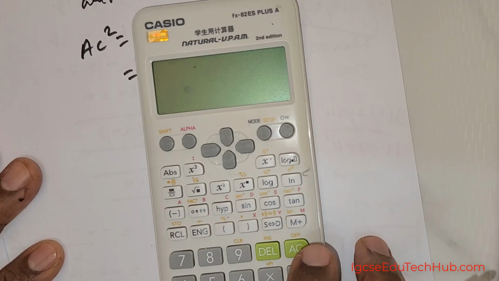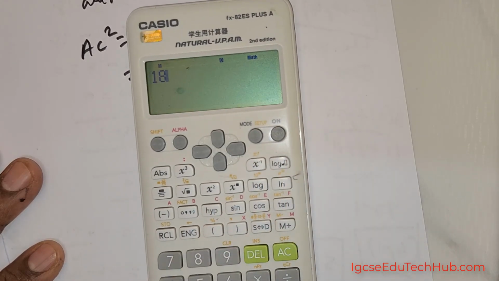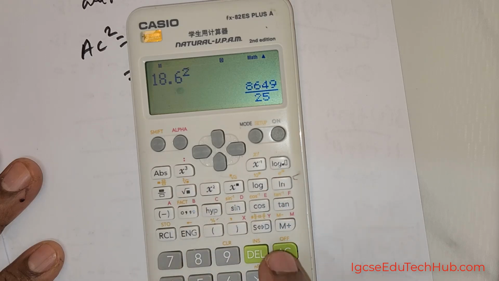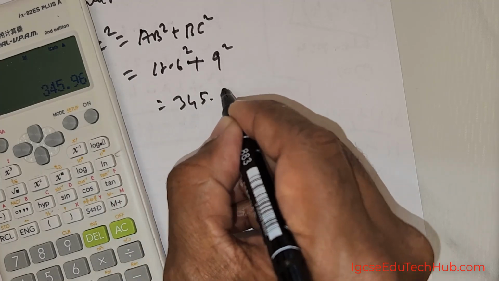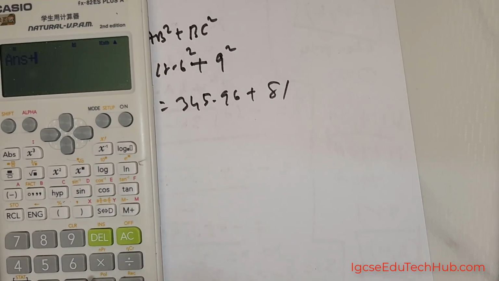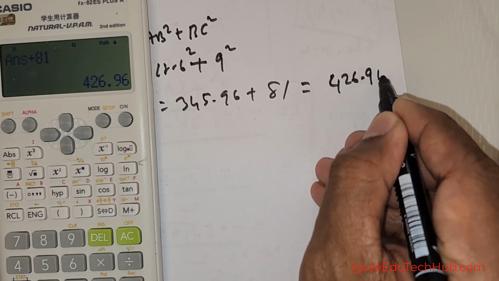Now you can use a calculator. So 18.6 squared, that is 345.96 plus 81. So I'm going to add 81. That is giving a value of 426.96.